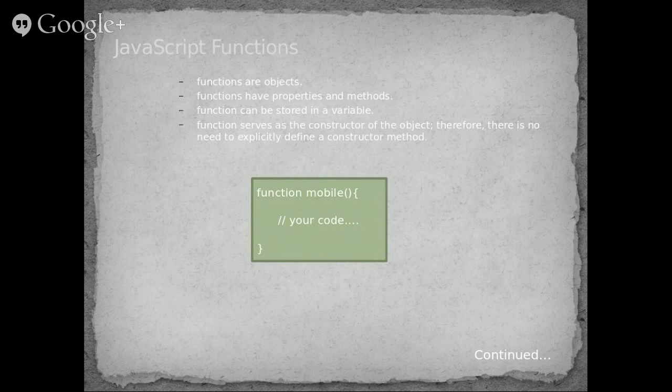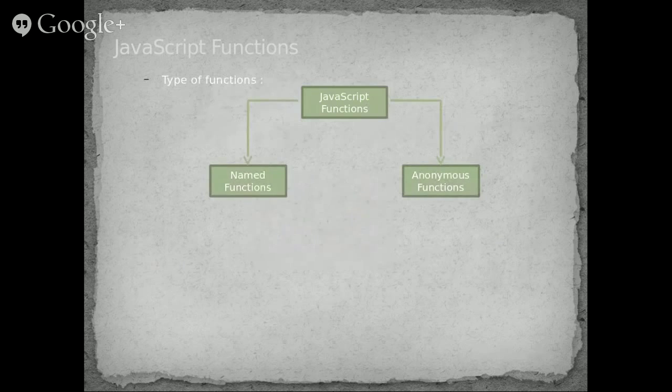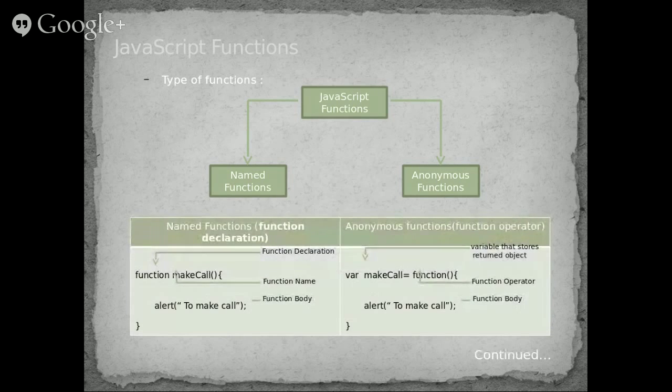One is named functions and the second is anonymous functions. What is the difference between these two? A named function will have a name, an anonymous one will not. We will check that. This is the syntax of how we can define named and anonymous functions.